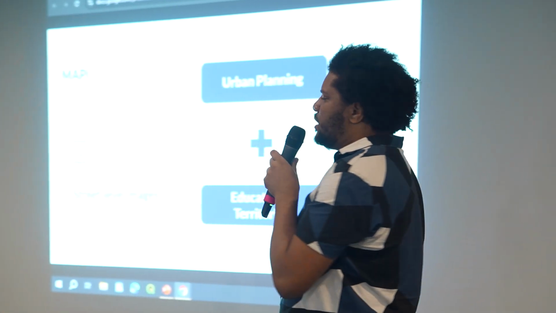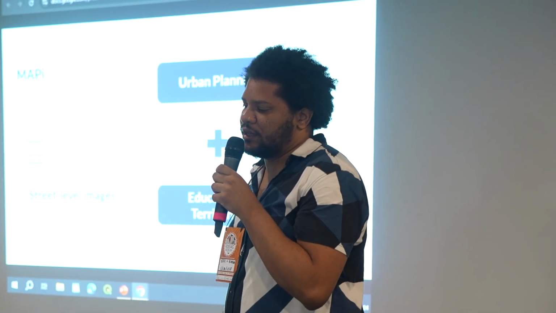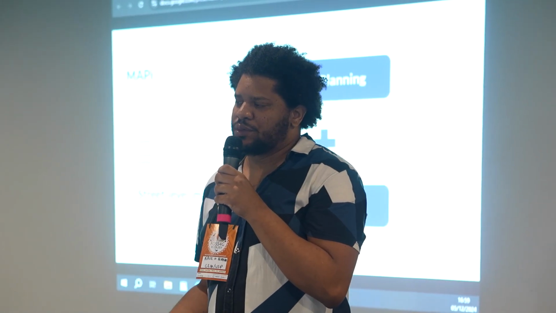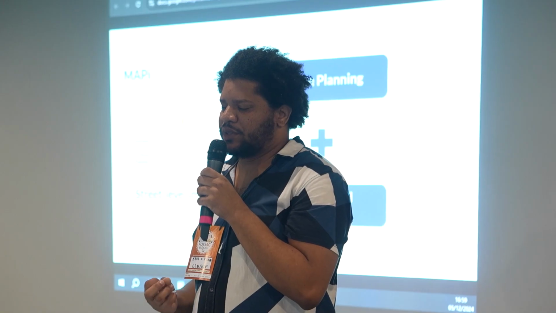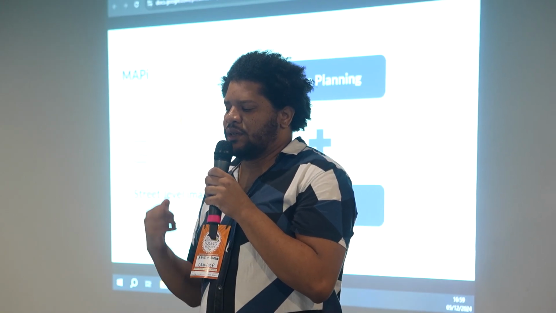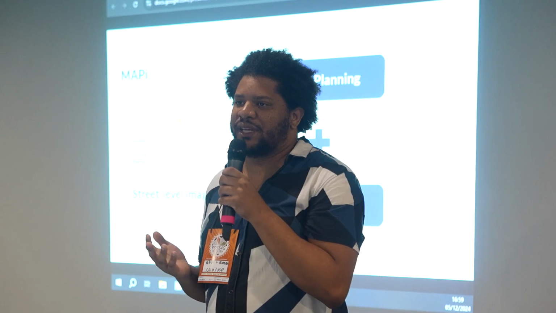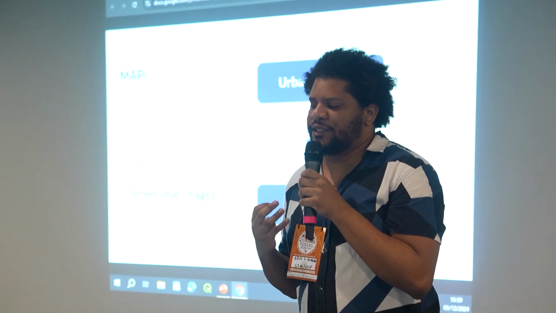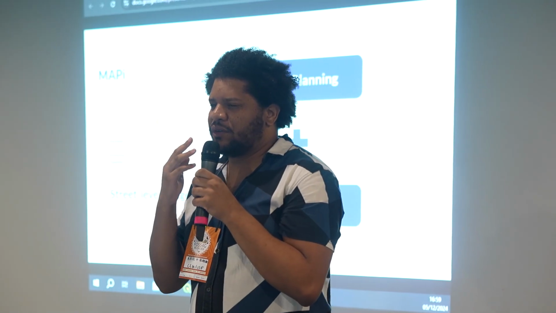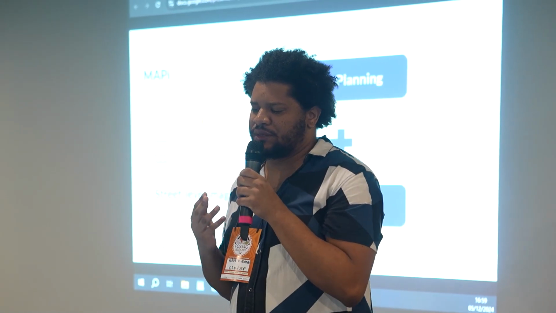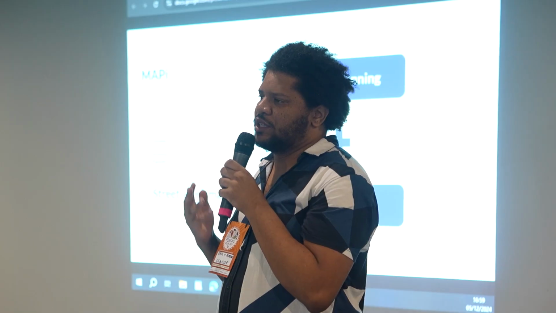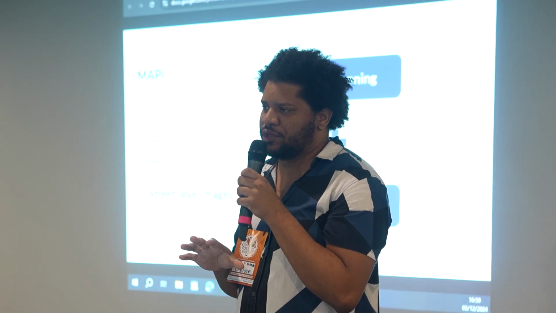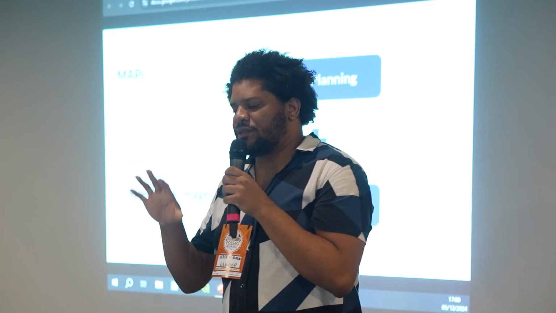In MAPi we see schools as having great potential to be a catalyst of participatory urban planning, because schools are one of the most available facilities, urban equipment, in the cities. We have a very good distribution of these facilities throughout the cities.